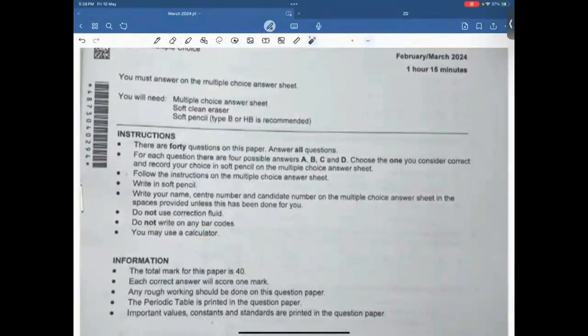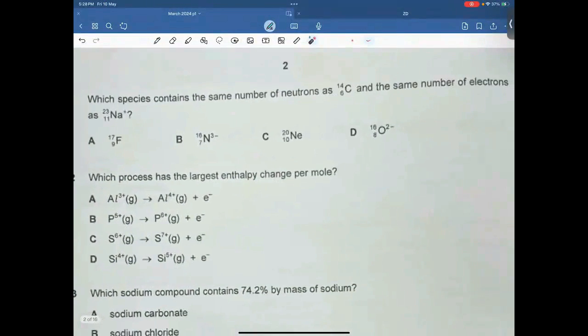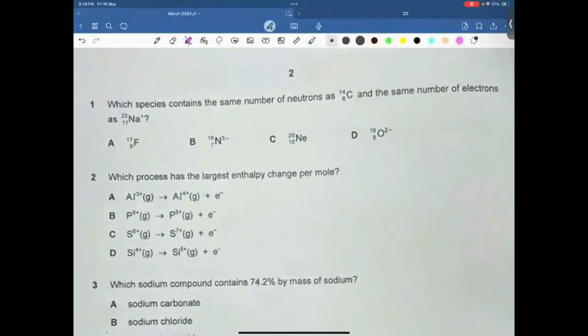Let's see what we have in this paper. Which species contain the same number of neutrons? So I'm looking for the same number of neutrons as carbon-14 (6) and the same number of electrons as this.